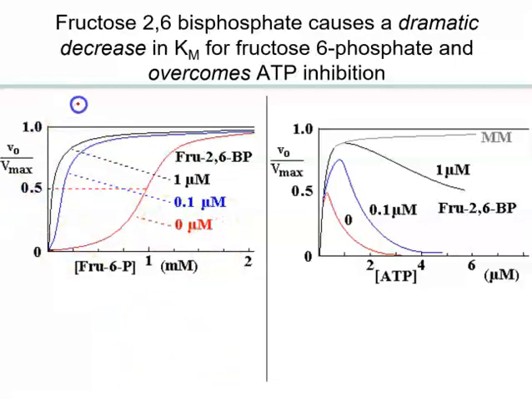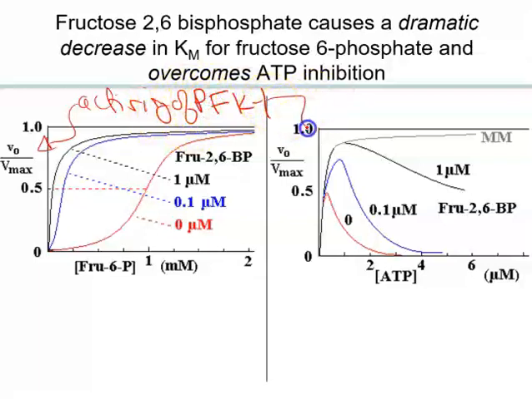Now, back to some graphs of activity of phosphofructokinase 1. So here we're looking at activity of phosphofructokinase 1, right? Both graphs. And here we're considering the amount of fructose 6-phosphate. If you look at the red line here, the red line is saying that there is no fructose 2,6-bisphosphate present.